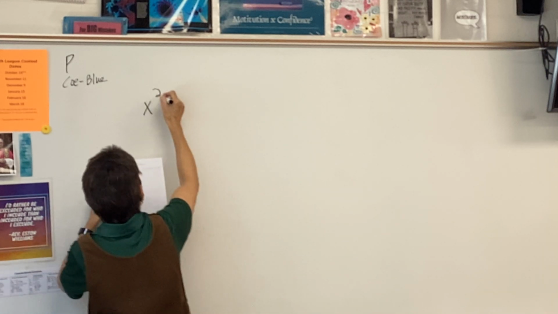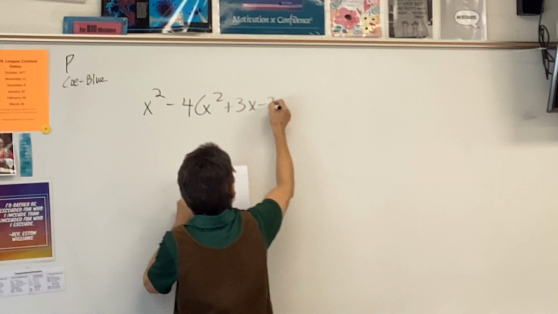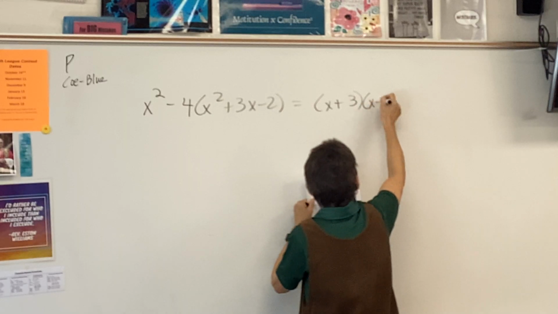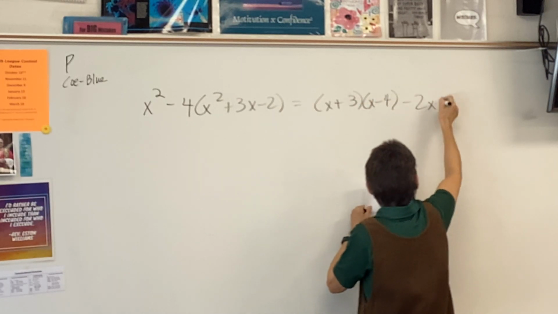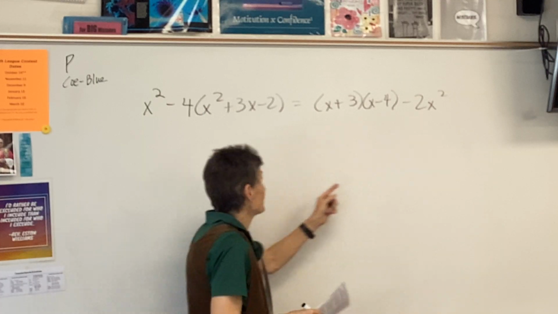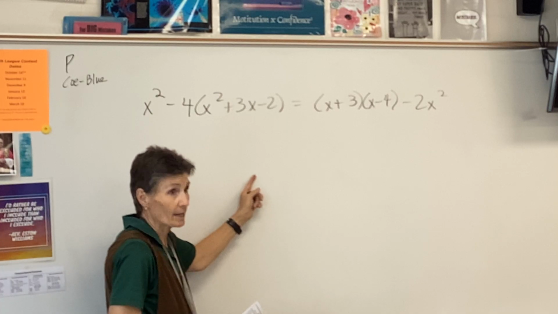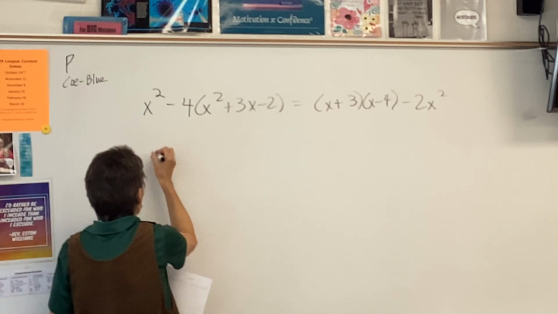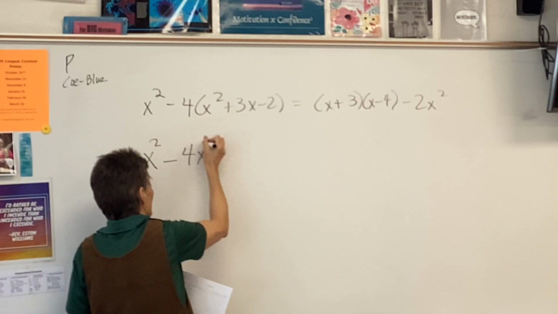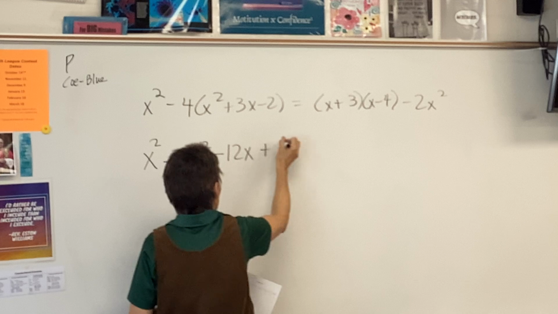So, here we go. What's the first thing you think we ought to do when we have to solve this equation? Distribute. So, I hear some FOILing. I hear some distributing. I like distribute. Gotta do both. Gotta do it all. So here we go. X squared minus 4x squared minus 12x plus 8.